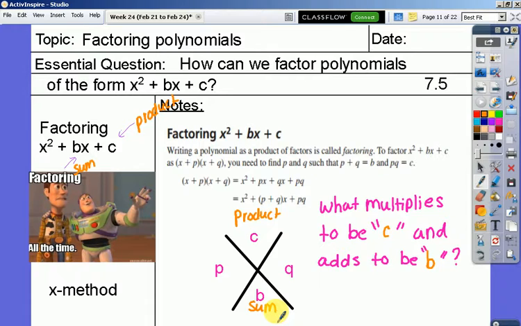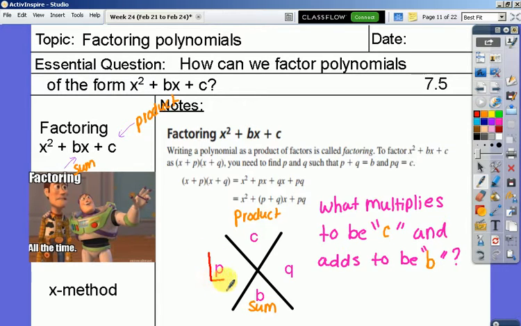What multiplies to be the last term, what group of numbers multiply to be the last term, and also add to be the middle term. You're looking for combinations of numbers that meet those qualifications. The P and Q part are those two numbers.